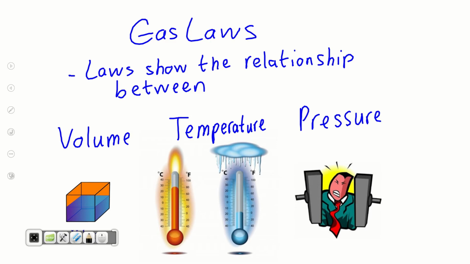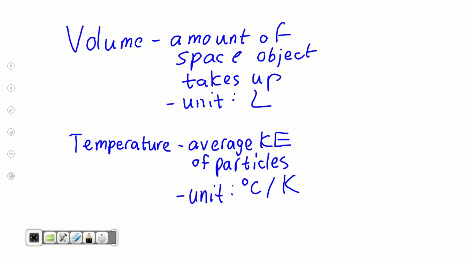So here we go. First off, let's go over the terminology, volume and temperature. These are two terms that we have used already quite a bit in class. Volume is the amount of space an object takes up, how much it spreads out, measured in liters. Temperature is the average kinetic energy of the particles.